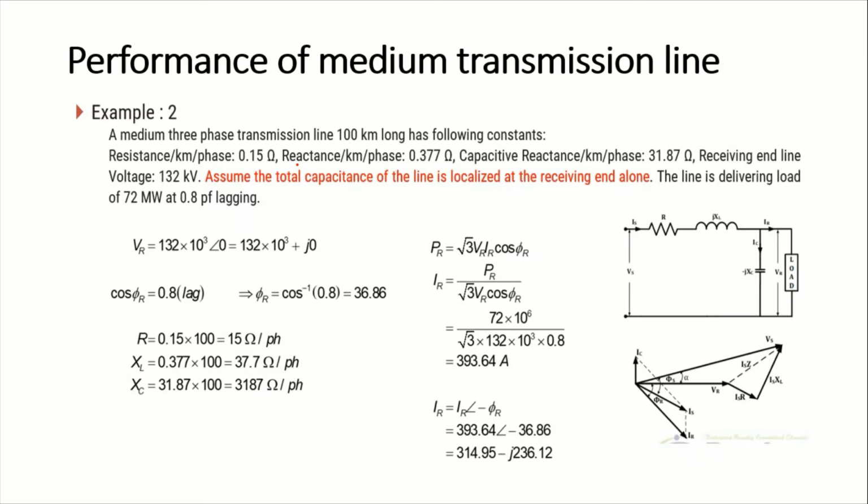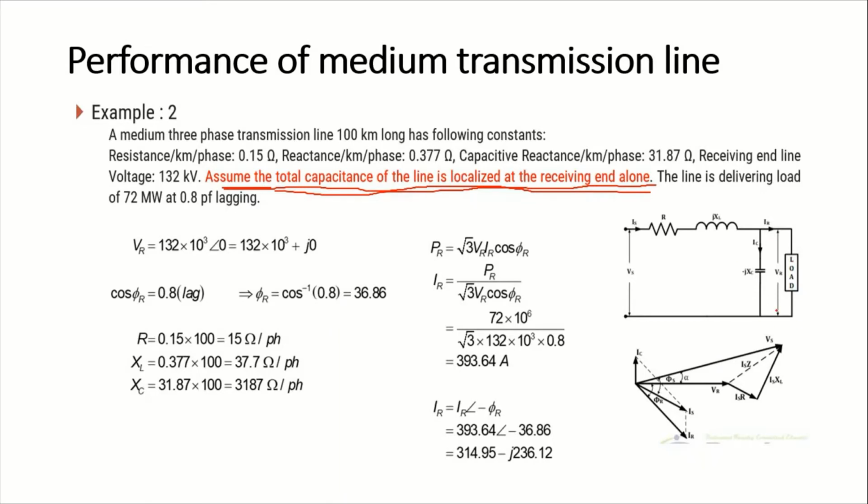Receiving end line voltage is 132 kV. Assume that the total capacitance of the line is localized at the receiving end alone.